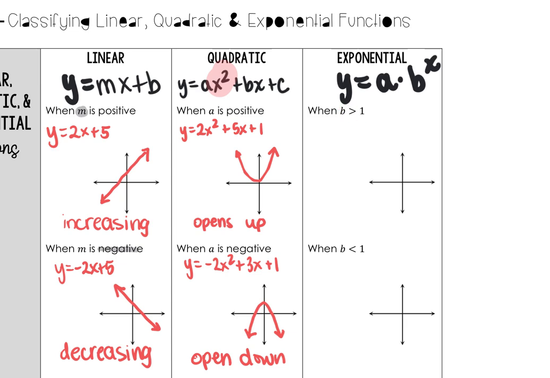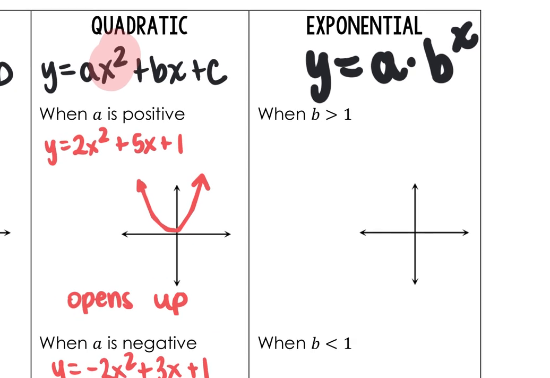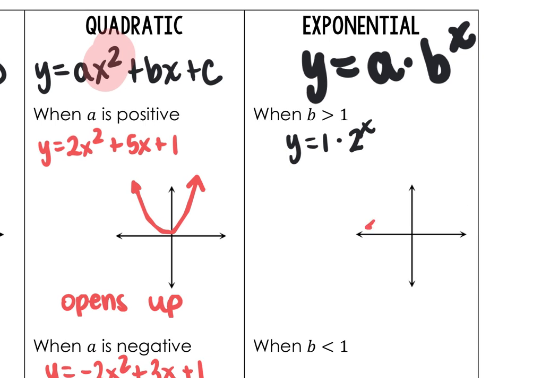And when this b value is greater than 1, let's say we had something like y equals 1 times 2 to the x power. If this b value is greater than 1, which 2 is, then our graph is going to be increasing.